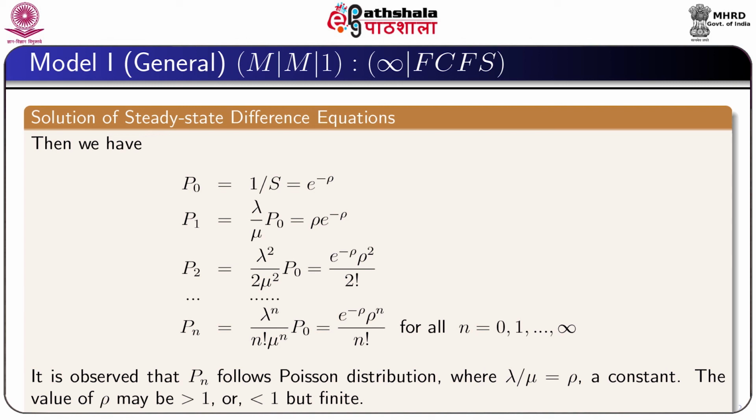Finally p n is equal to lambda to the power n by factorial n into mu to the power n into p 0, which is equal to e to the power minus rho, rho to the power n by factorial n, for n equal to 0, 1 to infinity. Here we observe that p n follows Poisson distribution, where lambda by mu equals rho, a constant. The value of rho may be greater than 1 or less than 1, but it should be finite.